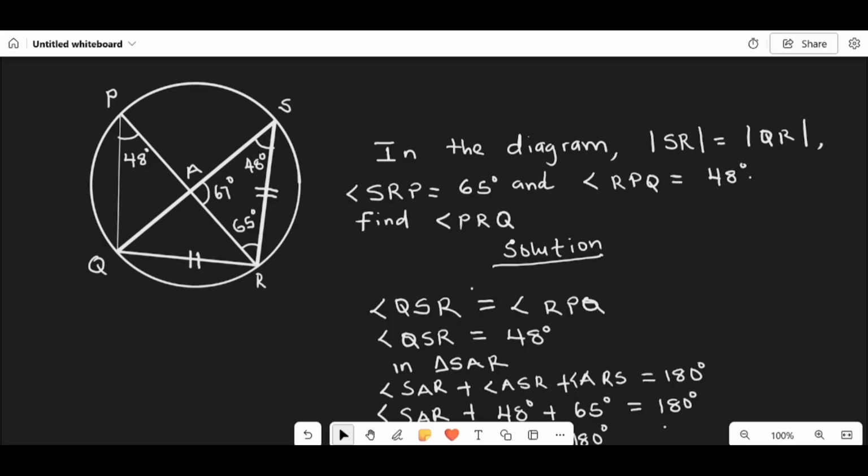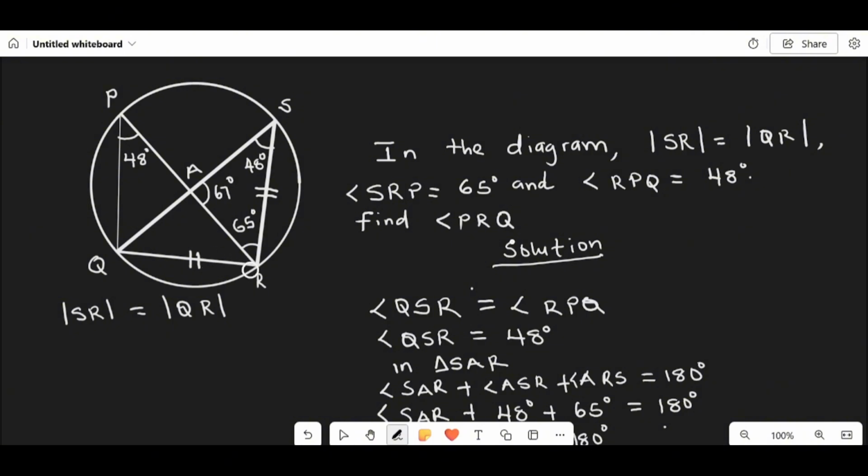The next thing that we want to do is consider this triangle XQR, and in the diagram we were told that line XR is equal to line QR. Since line XR equals line QR, it means that our triangle XQR is an isosceles triangle, and base angles of an isosceles triangle are equal to one another.